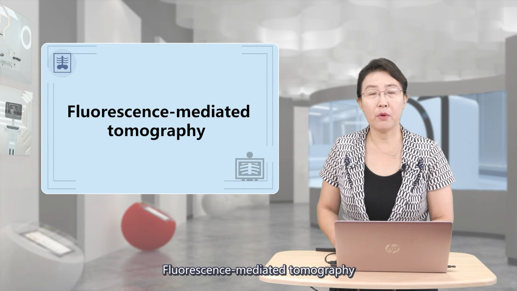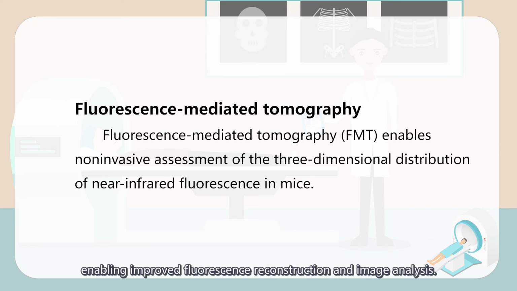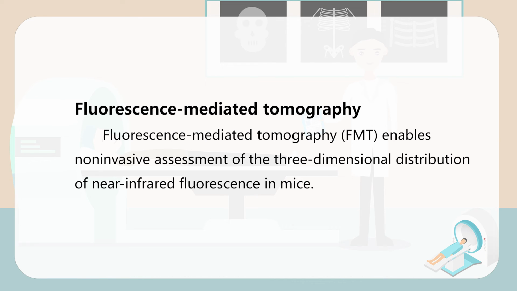Fluorescence-mediated tomography, FMT, enables non-invasive assessment of the three-dimensional distribution of near-infrared fluorescence in mice. The combination with micro-computed tomography, µCT, provides anatomic data, enabling improved fluorescence reconstruction and image analysis.